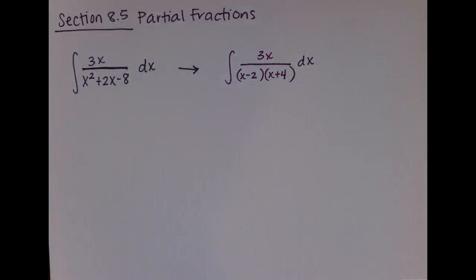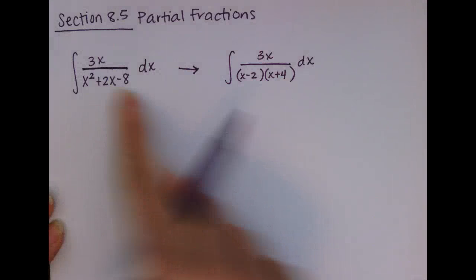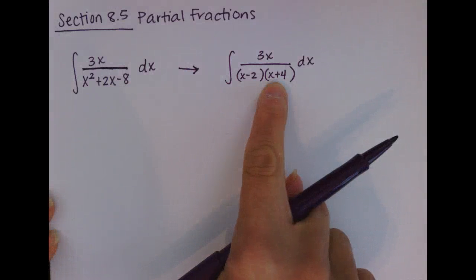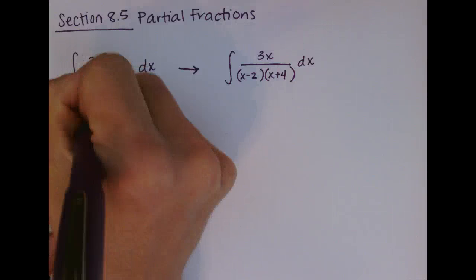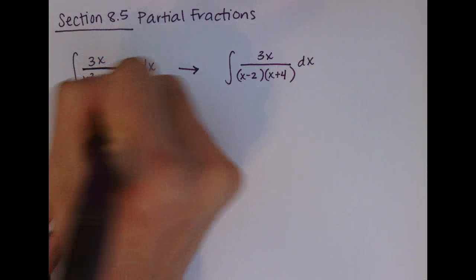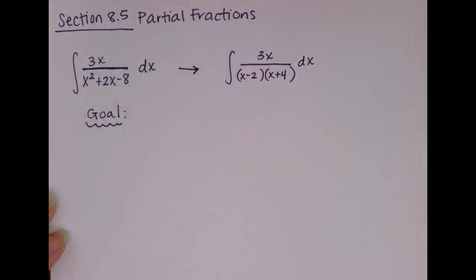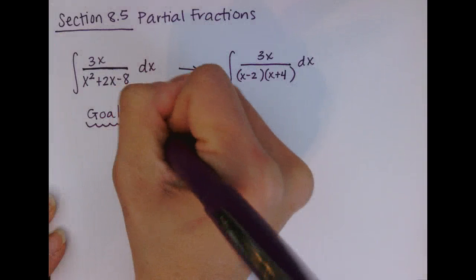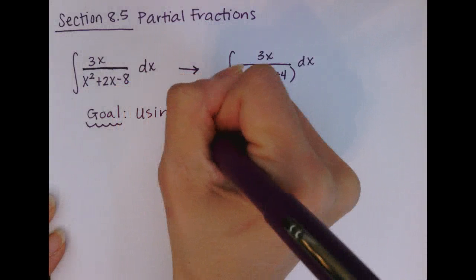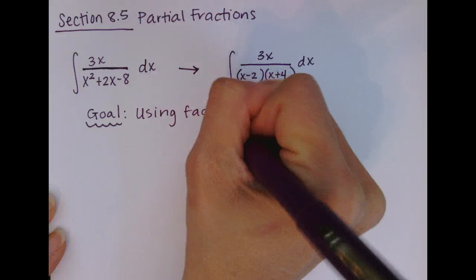So if your denominator is factorable, then partial fractions is probably the way to go. But the idea again is to factor the denominator, and this is our main goal when it comes to partial fractions.